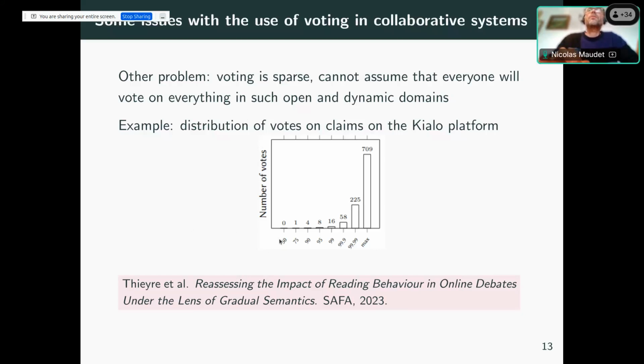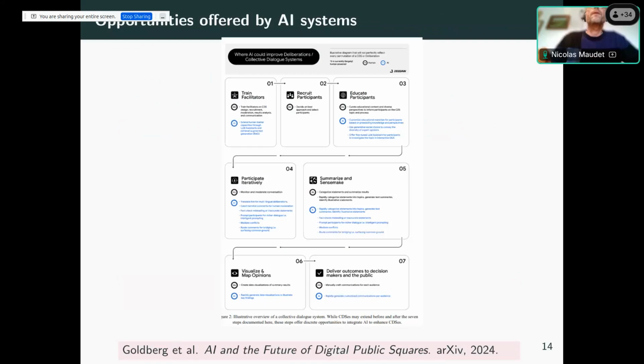Actually half of the arguments and claims do not get any vote, and up to 70% get just one vote. Some claims get many votes, but it's really quite sparse overall. This is taken from the work of a PhD student who looks at this platform.